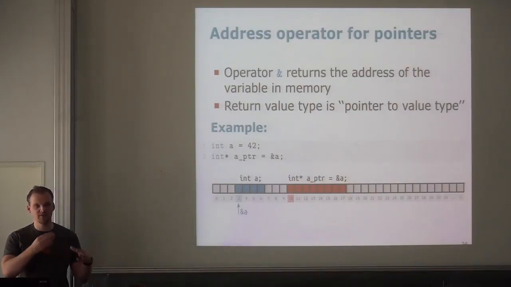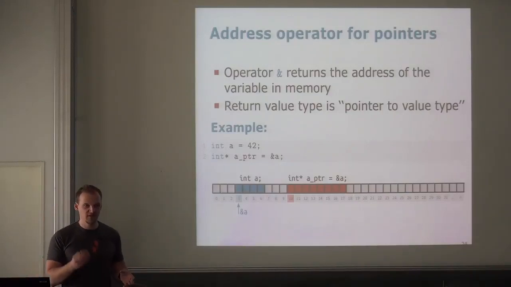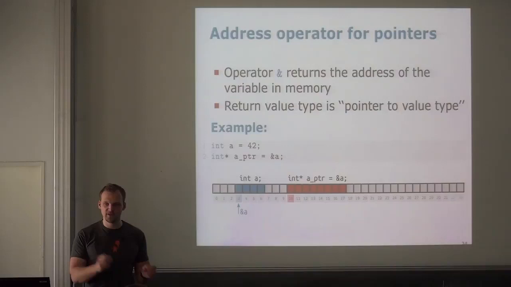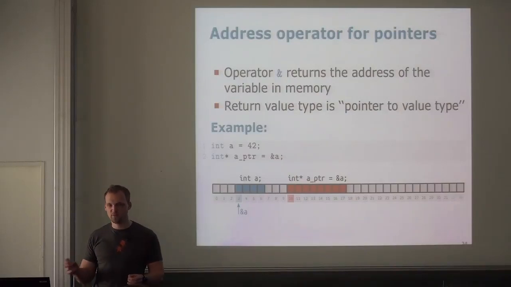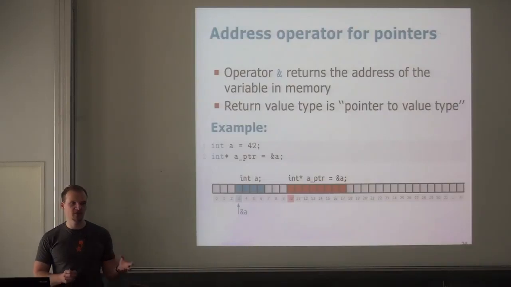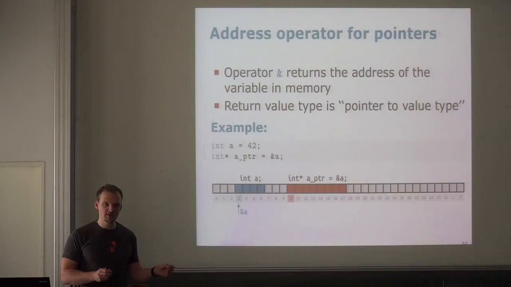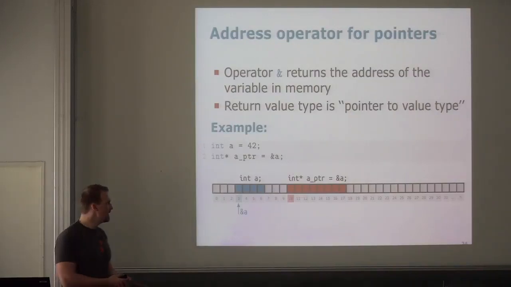You can actually think about pointers just as about references. The only difference between the pointers and the reference is that reference cannot point to nothing. Like reference always points to a valid object, right? While the pointers can point to null pointer, so to nothing, right?